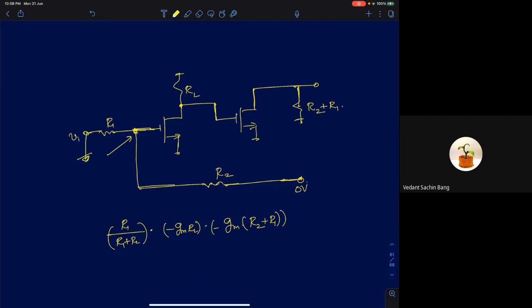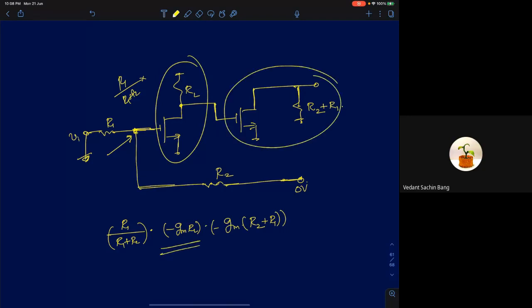So at this node, the gain is going to be R1 by R1 plus R2 multiplied by the gain of this stage, which is minus of GM RL, multiplied by the gain of this stage, which will be minus of GM into R1 plus R2. So you'll be left with minus of GM R1 into minus of GM RL. So that's the loop gain for the circuit, and this exactly matches with what we have calculated in the previous lecture as well.